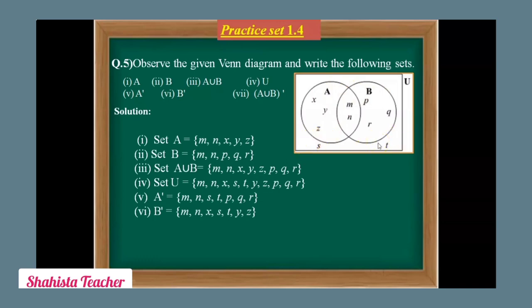So A union B complement is equal to opening curly bracket S comma T curly bracket close. So yes, S comma T is not present in A and B. The element which is not present in A and not present in set B, that element is the complement of A union B. So students, in this way we finish practice set 1.4.